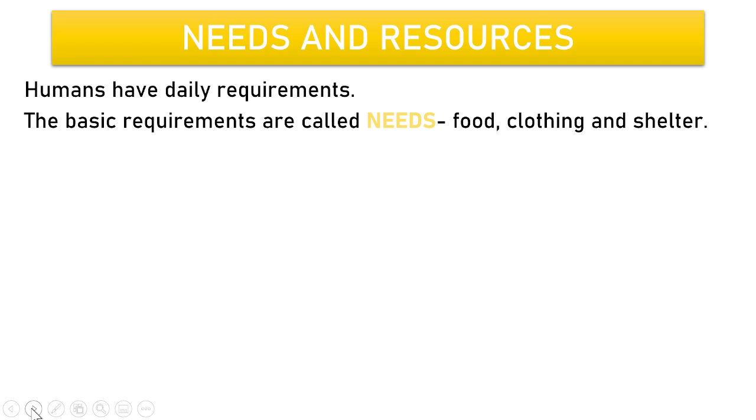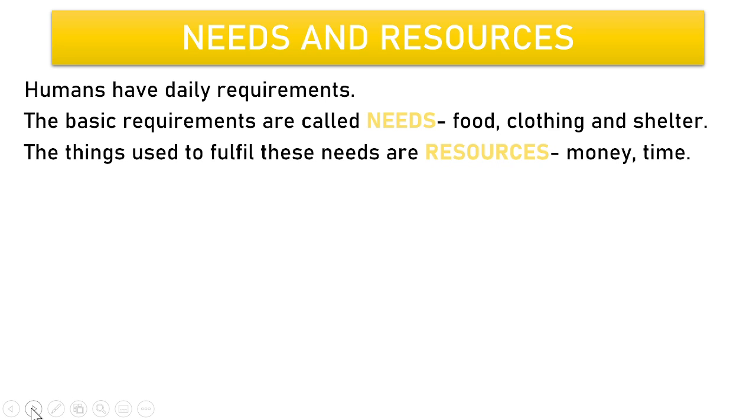The word meaning of needs is some requirement. So humans have daily requirements, and the basic requirements of human beings are food, clothing, and shelter. So what are resources? All the things that we use to fulfill these needs or these requirements are called as resources, like money or time.